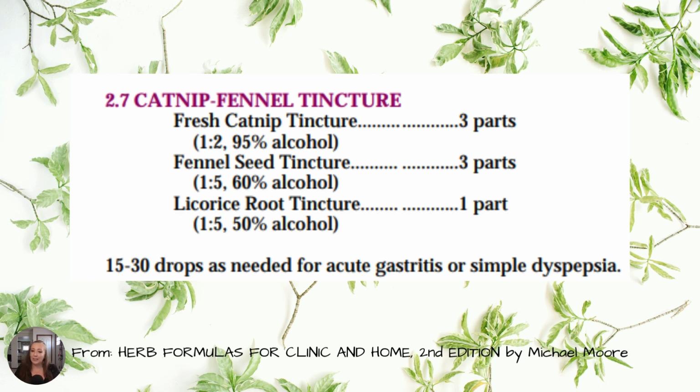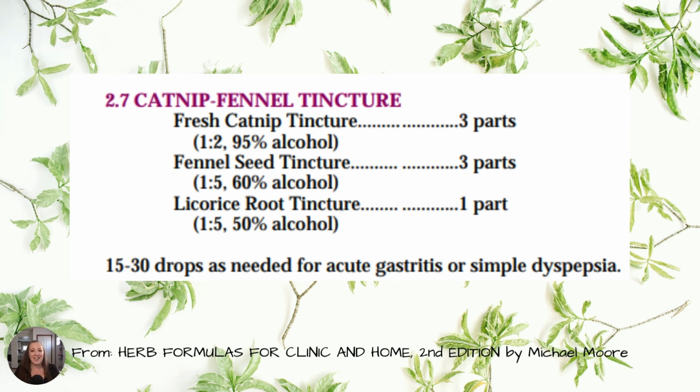And lastly, our licorice root tincture in here is 1 ounce of dried licorice root to 5 fluid ounces of alcohol. But this time we are using a 50% alcohol. So that means we are going to take 2.5 fluid ounces of alcohol and 2.5 fluid ounces of water, and that would give us a dilution of 50%.